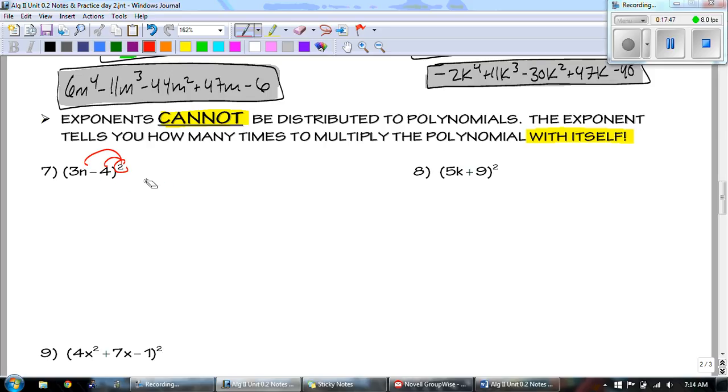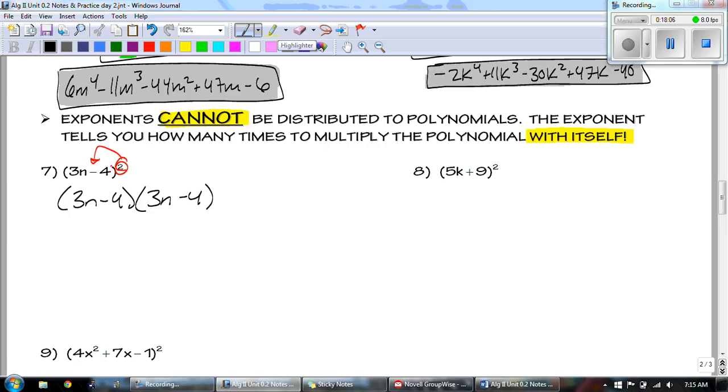Okay, we can't do that. Remember that the exponent applies to everything that the base is, okay? So what that's really saying is 3n minus 4 times 3n minus 4 because there are 2, okay?